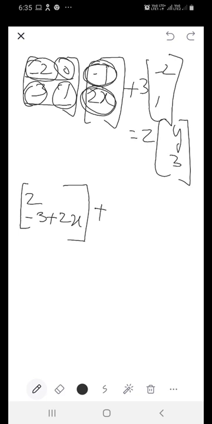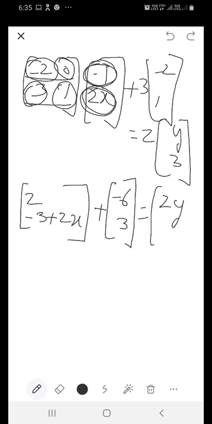Plus, multiply 3 with both the elements. It will be minus 6 and 3, is equal to 2 multiplied with the matrix, it will become 2y and 6.